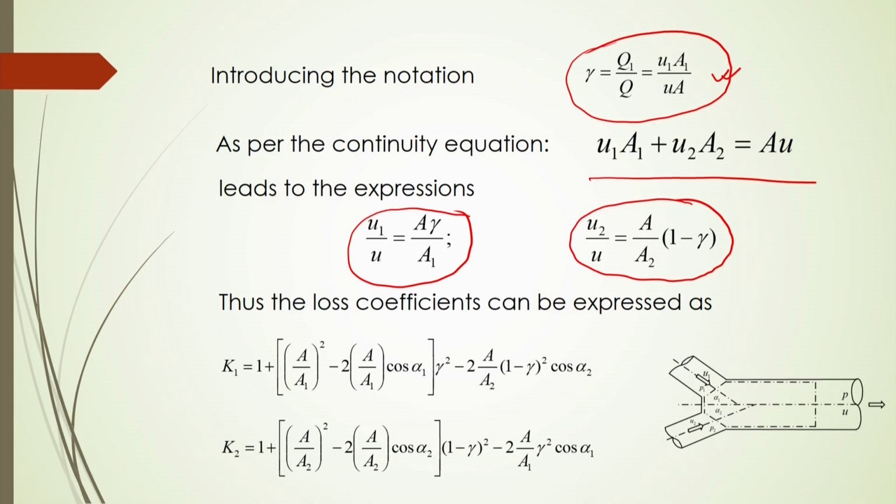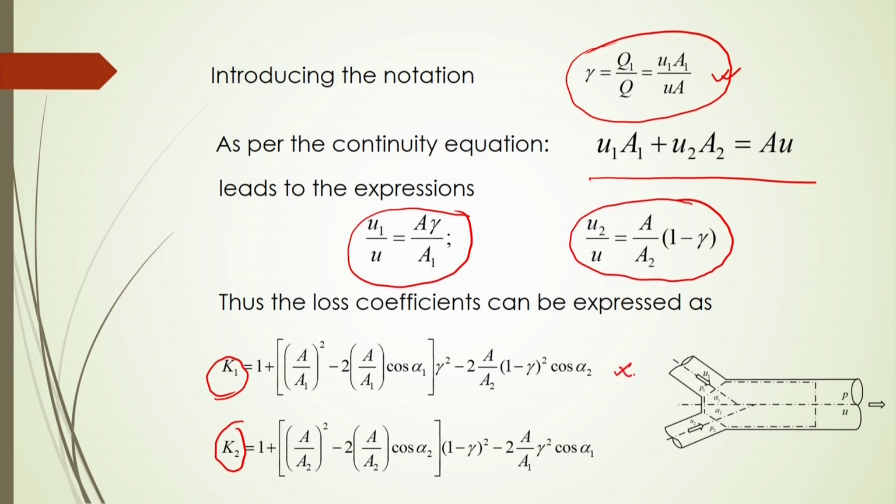So, after some substitution of this u_1 and u_2, we can have the minor loss coefficients K_1 and K_2 in terms of the cross sectional area of the pipe and the angle of the pipe, and also the ratio of the flow rate of each pipe to its main flow stream after joining.